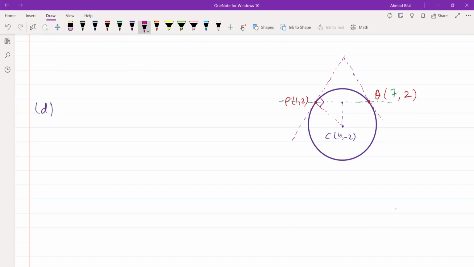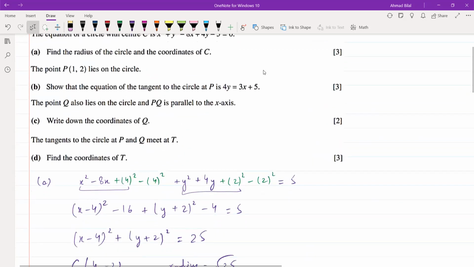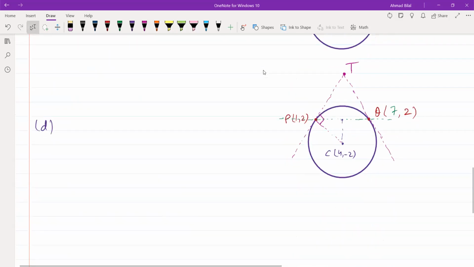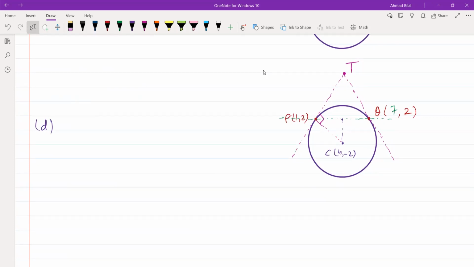They meet at some point, and that point where they meet is the point T. What we have to do now is we have to find the coordinates of this point T. इसके coordinates find करने हैं, ठीक है? Any idea about this now? Okay, so that's one idea.